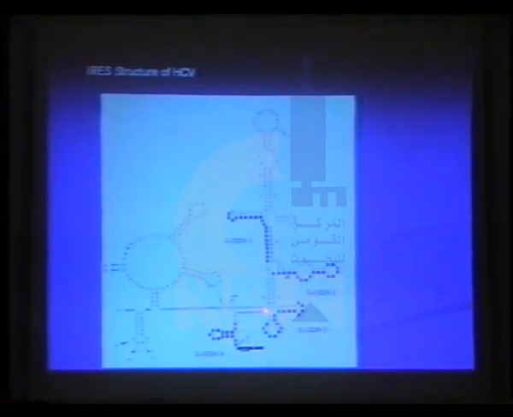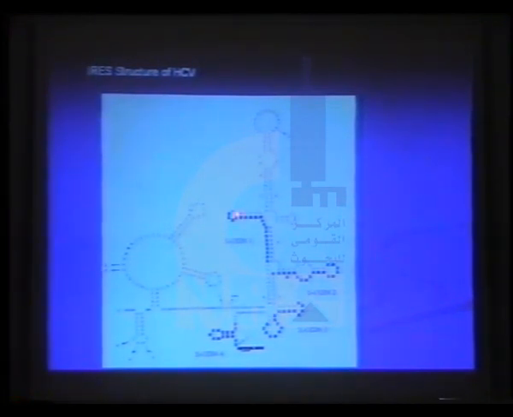The most important of this secondary structure is the initiating methionine, and this is the initiation of the core gene. So the AUG start codon is here. And when we go upstream towards the 5', the entire length of this is 340 bases.